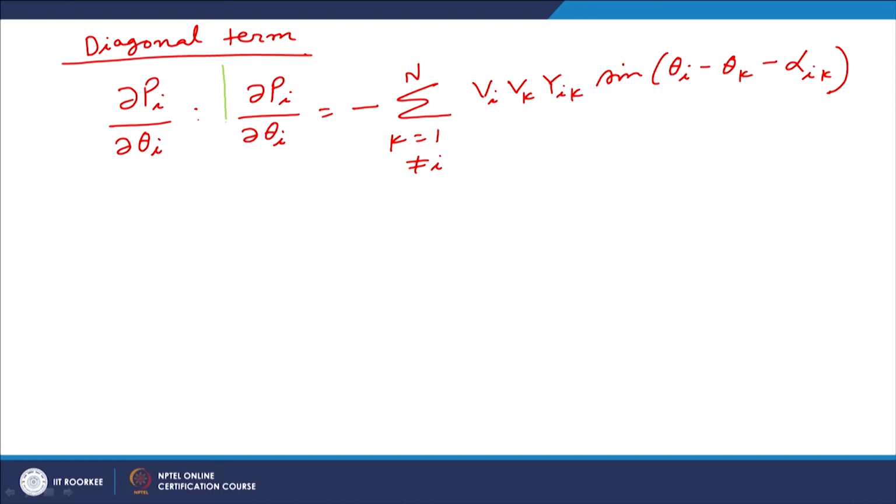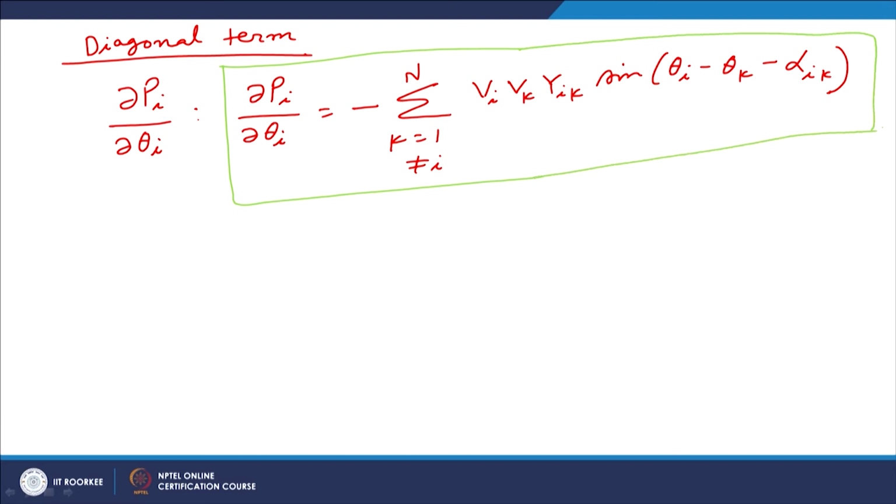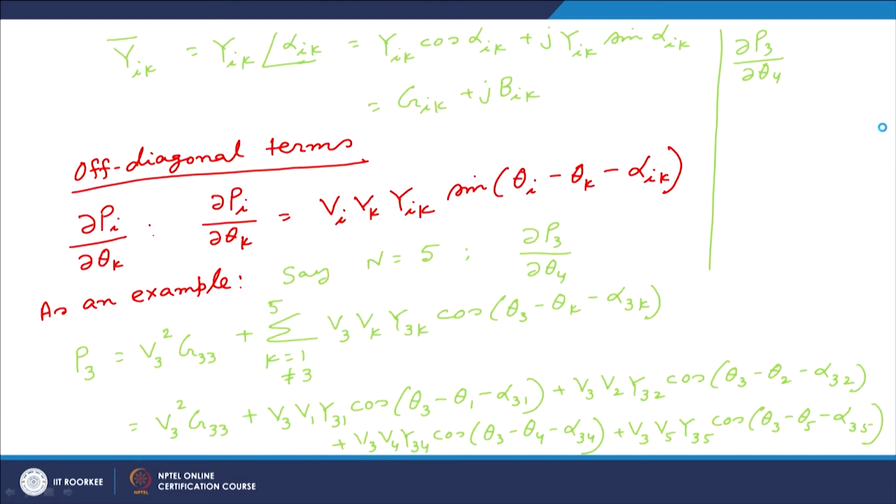So, this is the expression of the diagonal term, and this is the expression of the off diagonal terms. When we find out the diagonal terms and off diagonal terms for all of them, we are able to find out the analytical expressions of all the elements of J1.